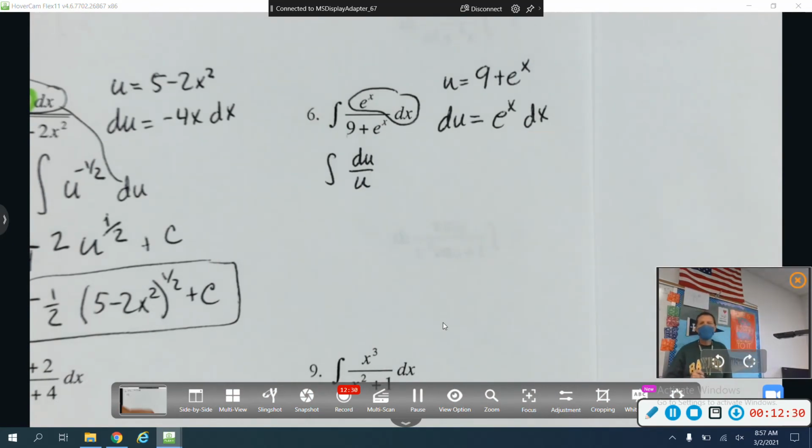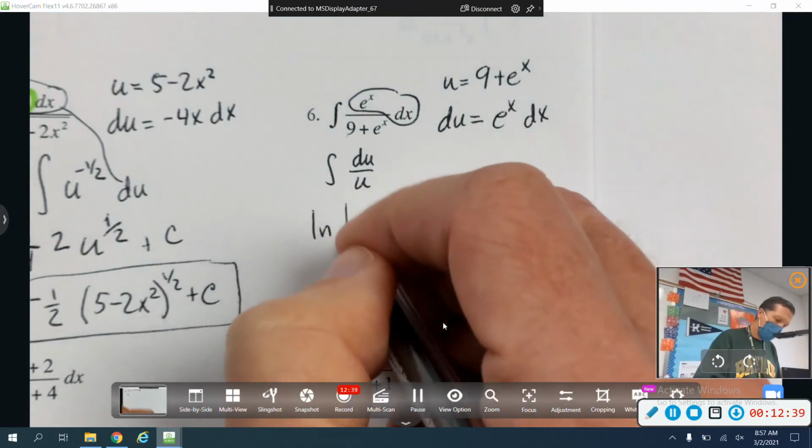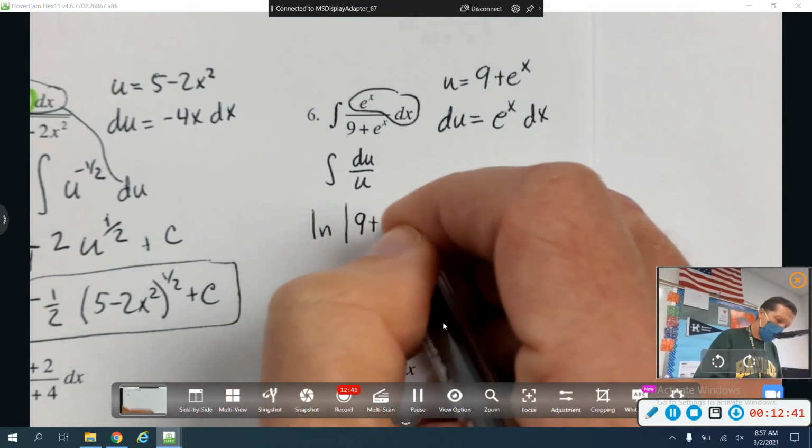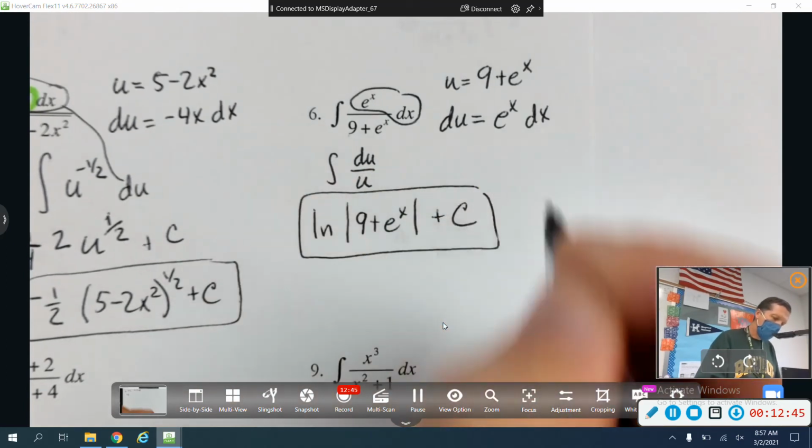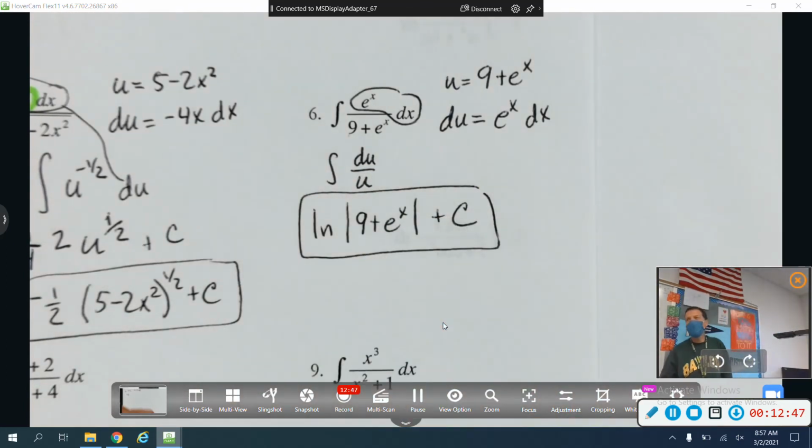That's not inverse sine or inverse tangent. What's the antiderivative of du over u? Natural log of u. Oh, and I didn't even need the absolute value bars on that, because 9 plus e to the x is always positive. But it's not wrong to put them there.